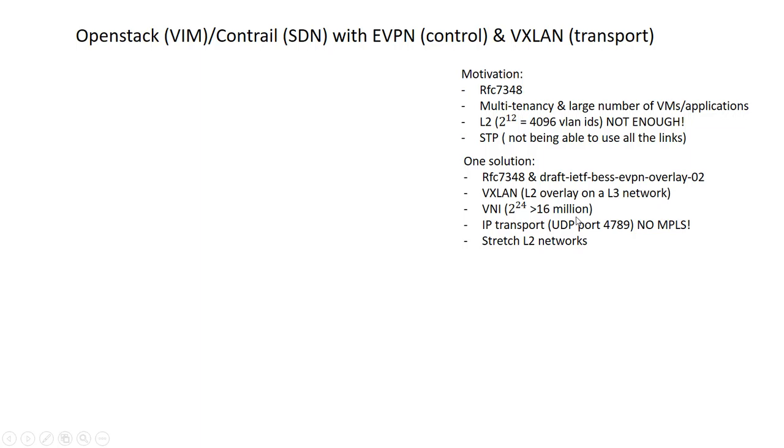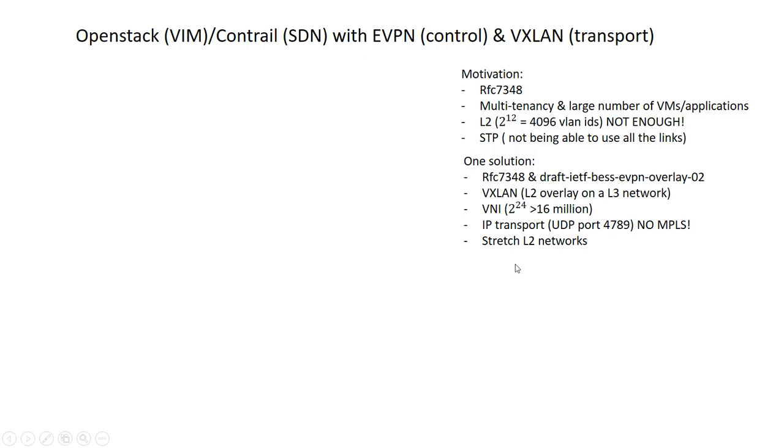So we can have thousands of customers in the data center, and they can all have a full spectrum of VLANs, and we are still good with this number. Also, what is important for VXLAN is that it is an IP transport mechanism. We cannot expect to have MPLS in the data center, and this is clearly stated here. It runs over UDP, and there is no MPLS.